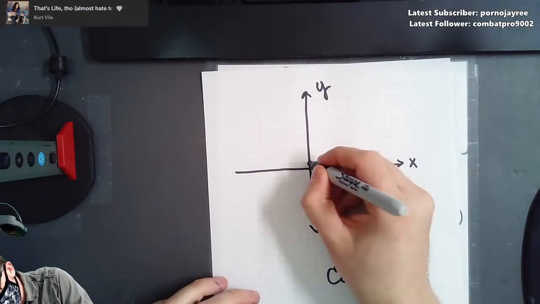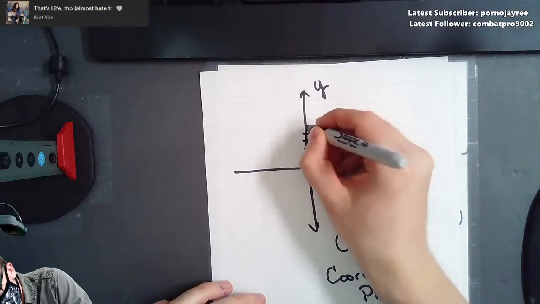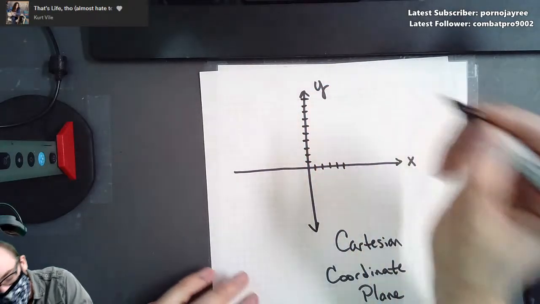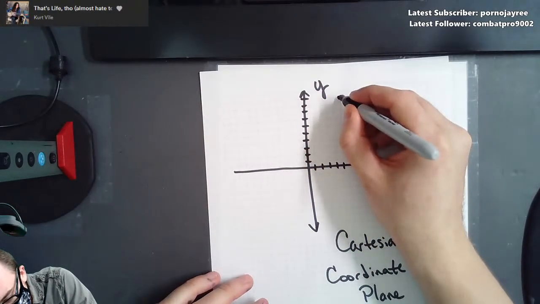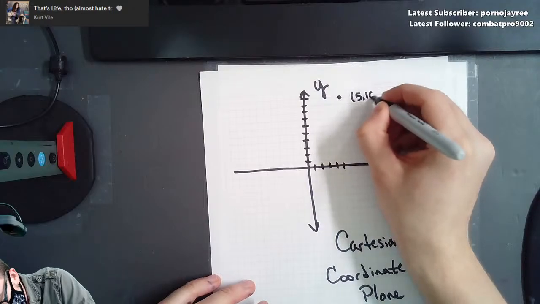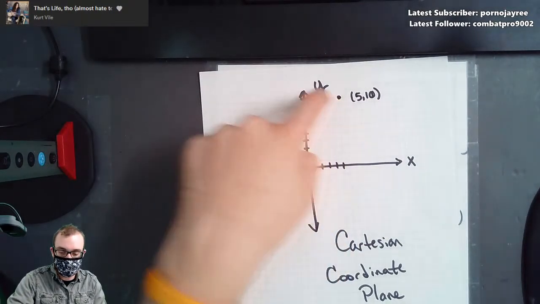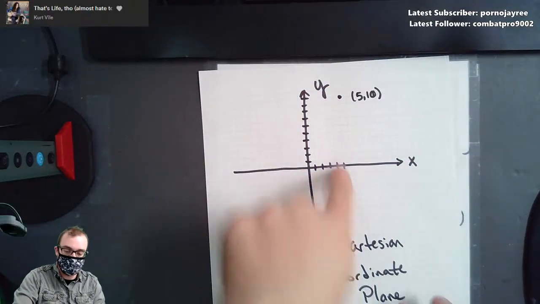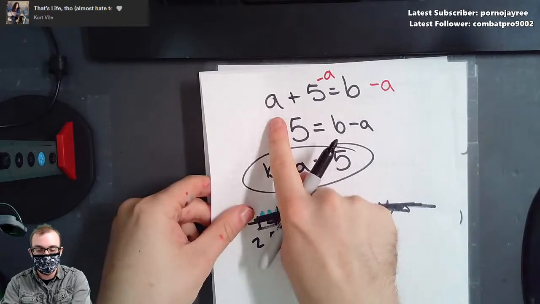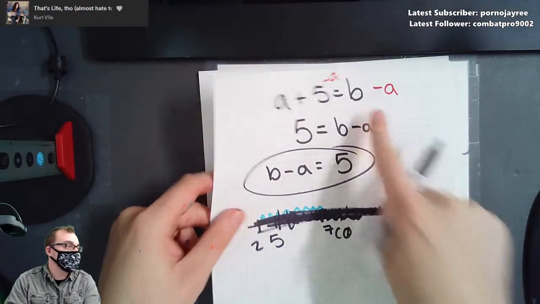And here's 10. 1, 2, 3, 4, 5, 6, 7, 8, 9. Did I make it big enough? Oh, yeah. 5 and 10. There's that point we were talking about earlier. 5 goes with 10. If X is 5, Y has to be 10. If A is 5, B has to be 10, right?